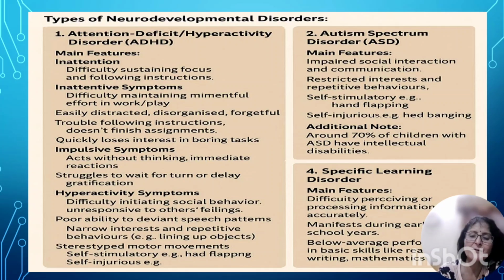Just pause the video and write the name of the drug which can be given for ADHD. Yes, it is Ritalin, which was discussed in your class 11 syllabus. Then other disorders are Autism Spectrum Disorder, and you also have specific learning disorders.